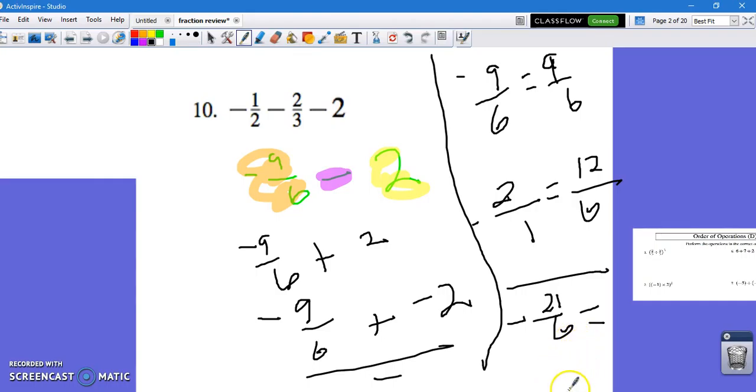So I got 21 over 6. Okay? So I'm thinking this is right. I don't know. If it's not, I'm sure somebody will point it out to me tomorrow. Alright, 6 will go into 21 3 times. 3 times 6 is 18, 19, 20, 21. And 3 over 6, which equals 3 1/2. I got a feeling that was wrong. So if you came up with a different answer, show me tomorrow.